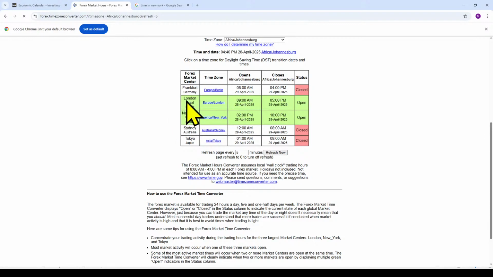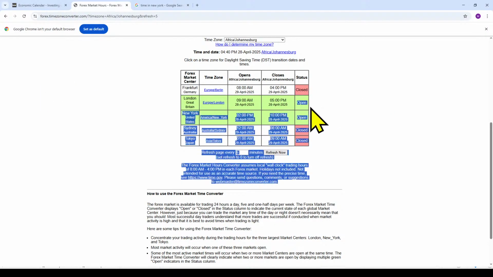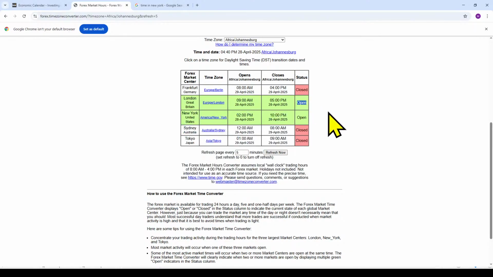Okay, now the next session on the table is the London session. This is also a part of Europe. This is London, the Great Britain. Okay, and then that trading session begins at 9 in the morning South African time, and then it ends at 5 p.m. And then if you look at this table here on the screen, you guys on TikTok cannot see that, but you guys on YouTube can definitely see that.